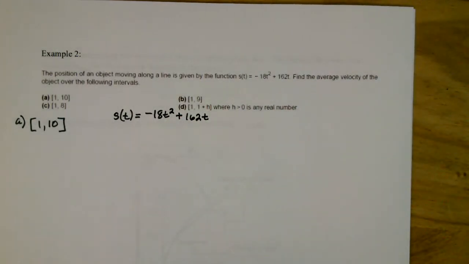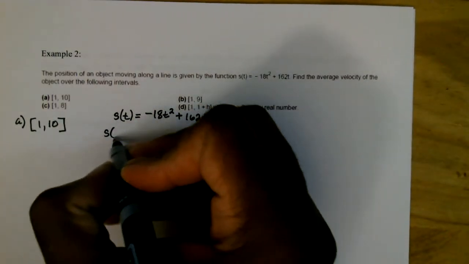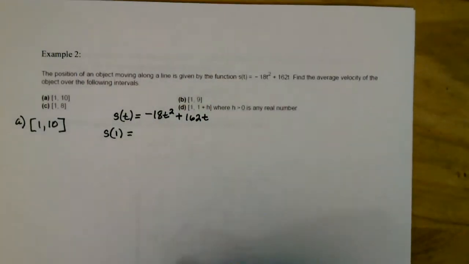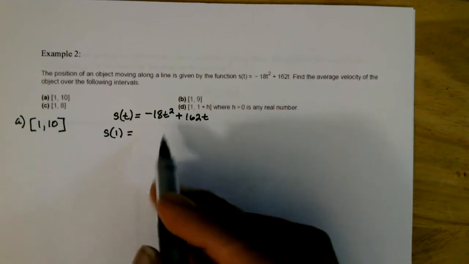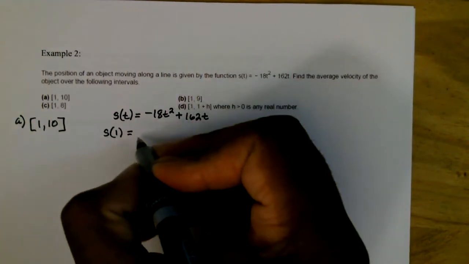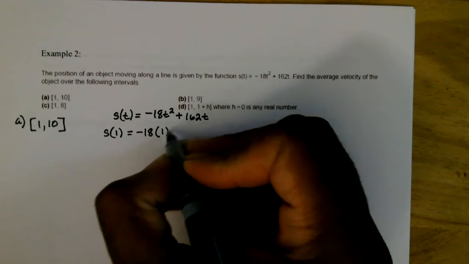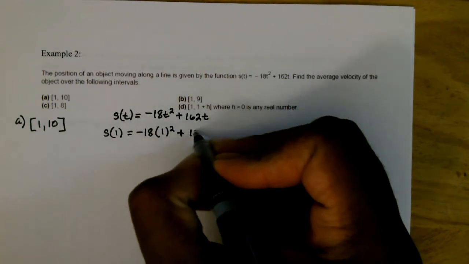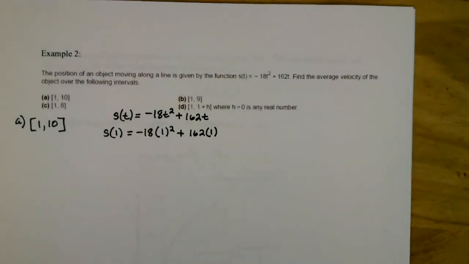So let's start with S of 1. That means t is going to be equal to 1. So I simply substitute t into this S of t function. So it'd be negative 18 times t, which is 1, and that's squared, plus 162 times t, that's going to be 1.